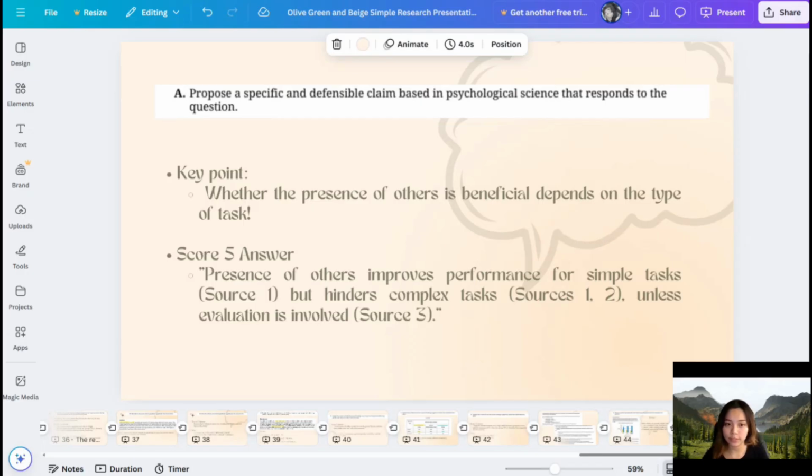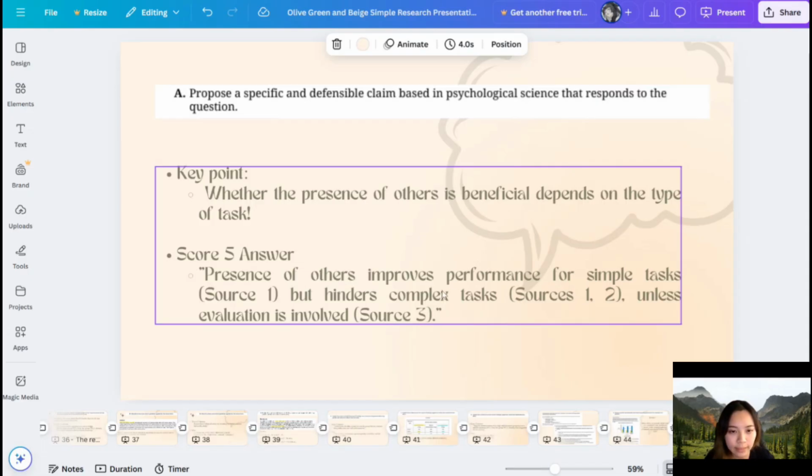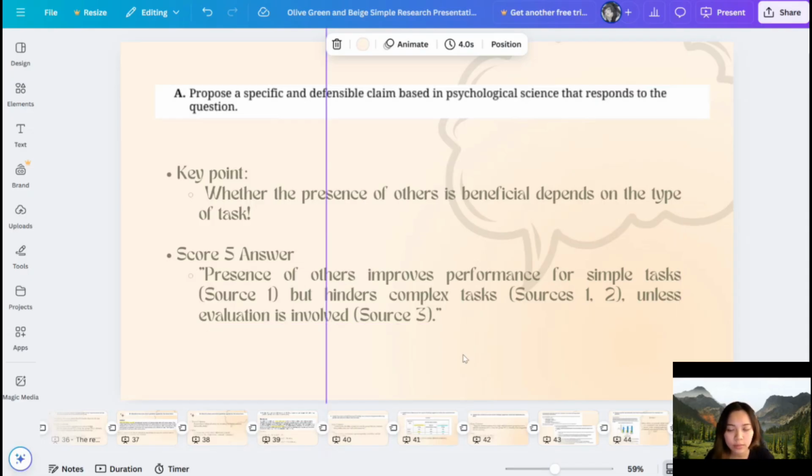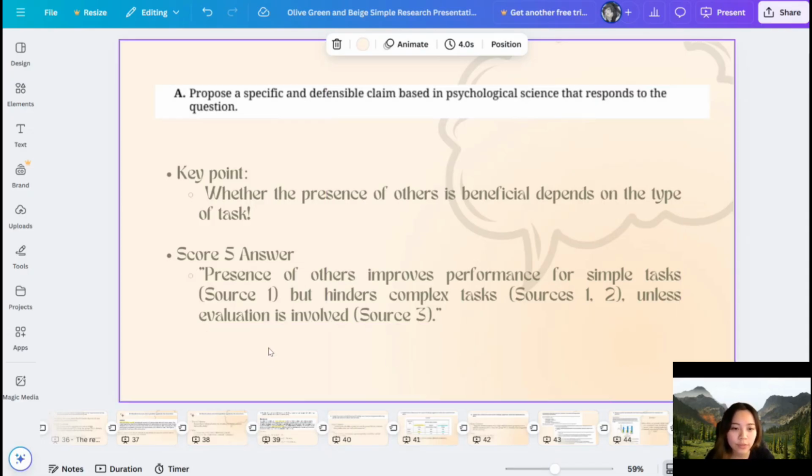So the answer I got is: presence of others improves performance for simple tasks, for example wearing shoes, but, using a keyword like but or however, hinders complex tasks, using sources 1 and 2, unless evaluation is involved.